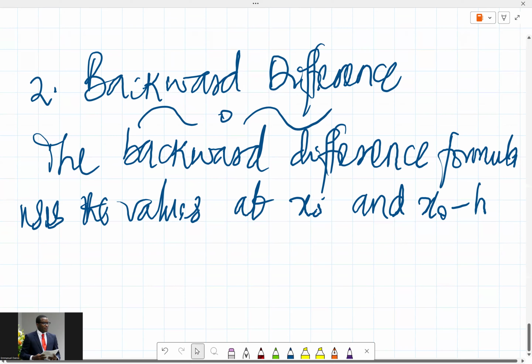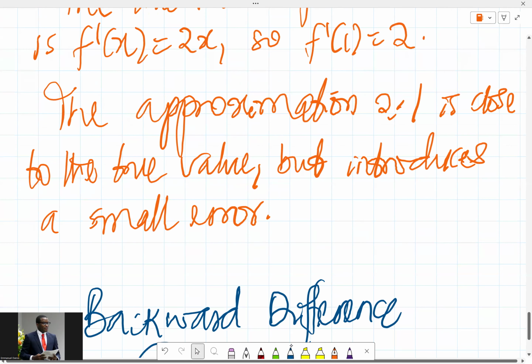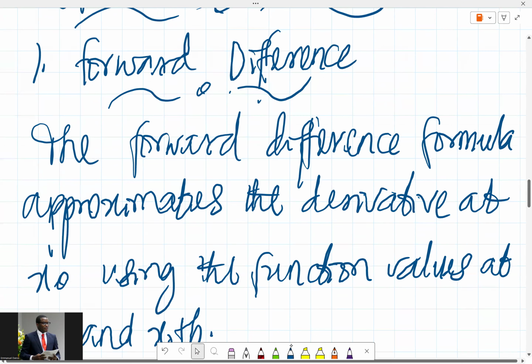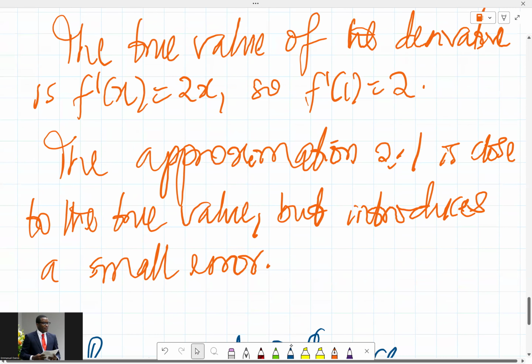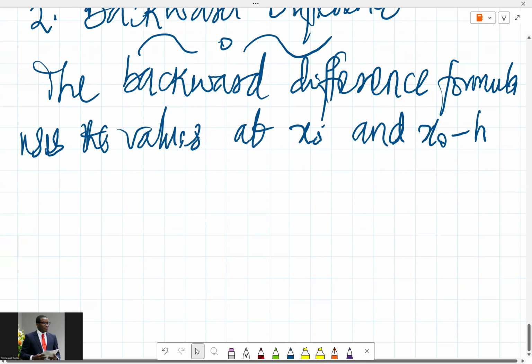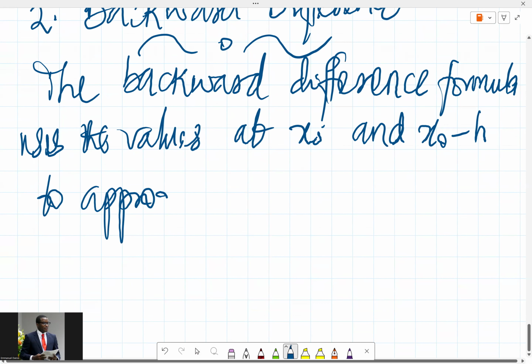The other one is x naught plus h. So here it's x naught and x naught plus h. Here it's x naught and x naught minus h. So the backward difference formula uses the values at x naught and x naught minus h to approximate the derivative.